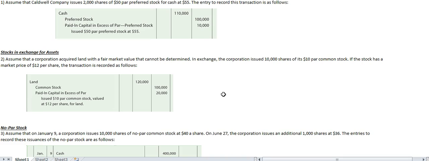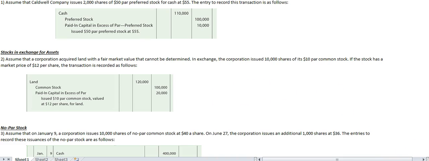If you don't know the value of the asset, then obviously you have to use the market value of your stock. If you have more or less an idea of the value of the asset, but the stock is highly liquid and exchanged in the market, then that value is far more reliable, and you will use the more reliable one, which is the market value of the stock.